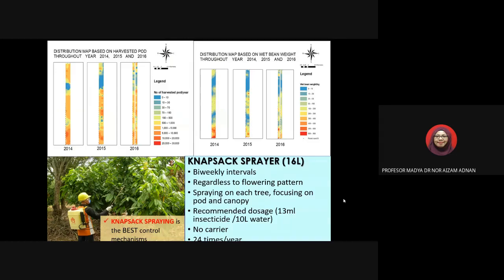The figures shown here are the distribution maps for harvested pods and bean weight. The knapsack technique in the year 2014 visually proved a higher number of harvested pods, with dominant values between 1,000 and 30,000 pods.